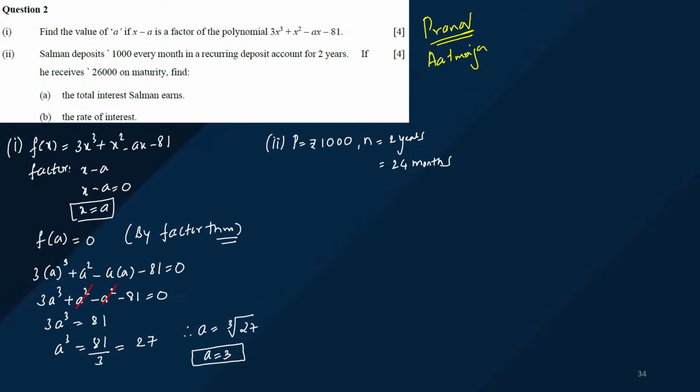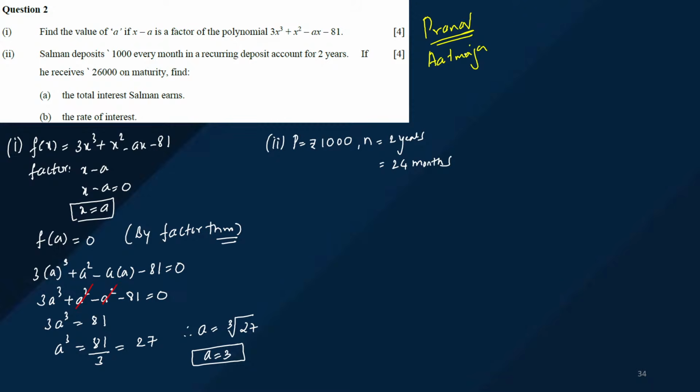Very nice. Don't take it for granted; anything can be asked. Be ready for each and everything, the tangent properties, circle properties, everything you have to be ready for.